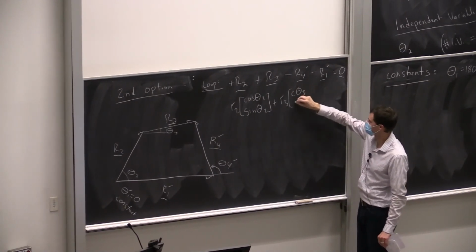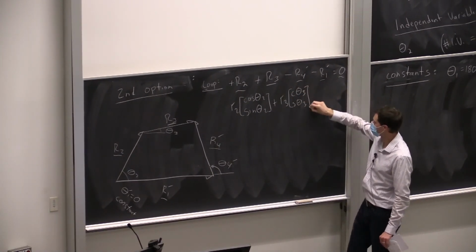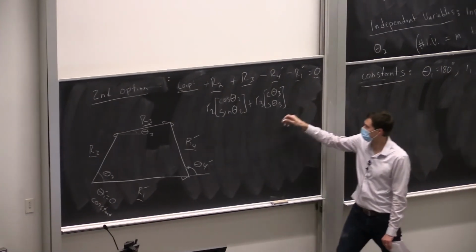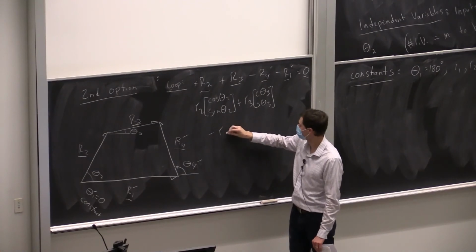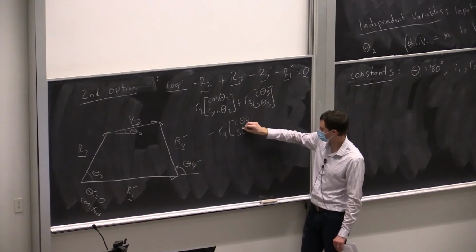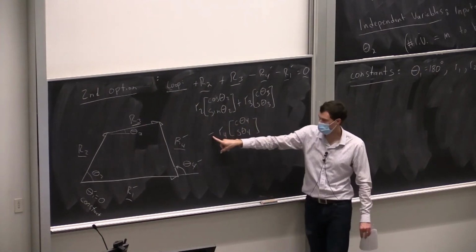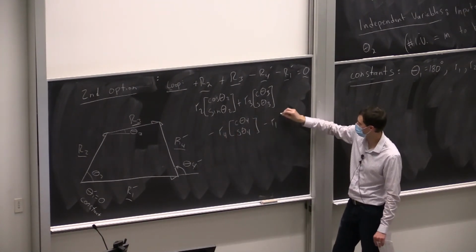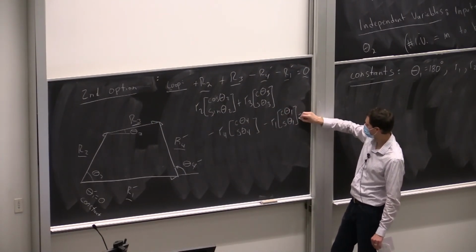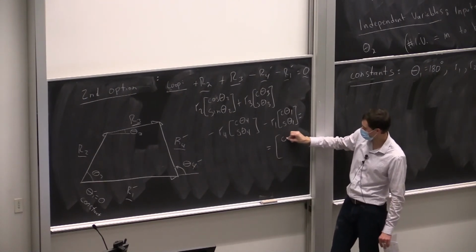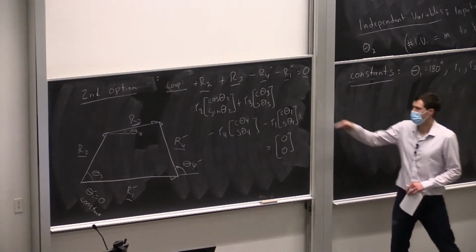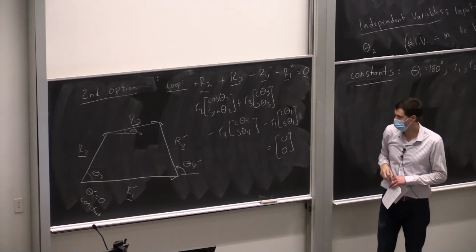Cosine theta 3, sine theta 3. So all the x terms are going to be cosines, all the y terms are going to be sines. And you just need to worry about whether you have a plus sign or a negative sign. Okay, and on the output you have 0, which is a vector, so it's like 0 for both x and y.